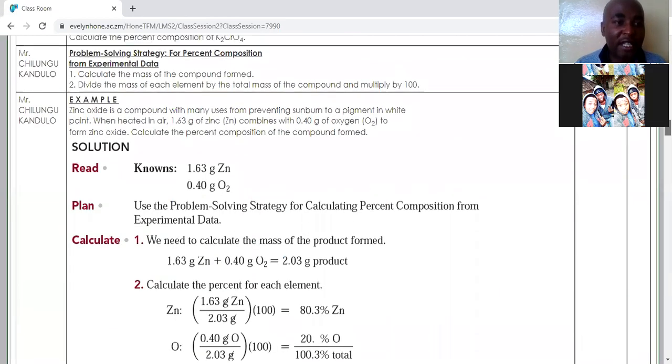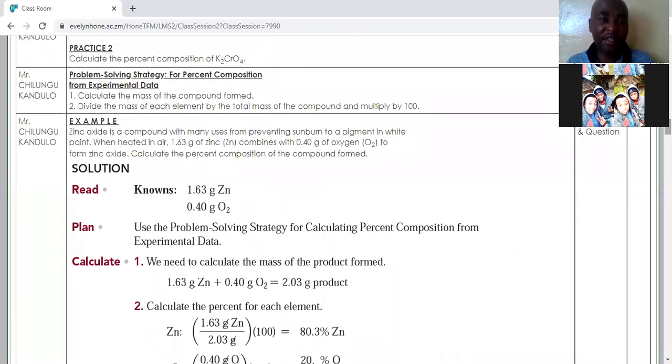From experimental data, there's just a mention of the elements. So we have that. Say they've said 1.63 grams of zinc plus 0.4 grams of O2.